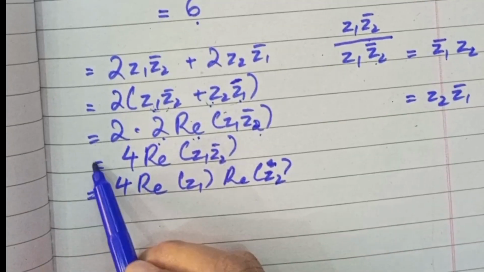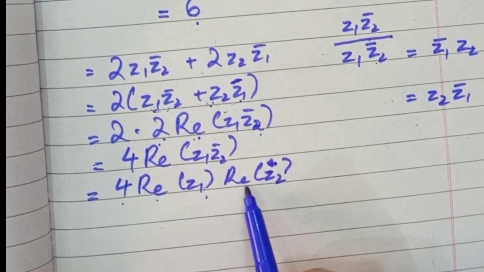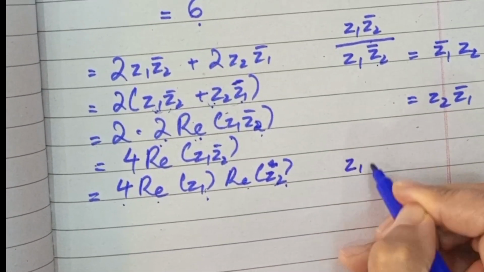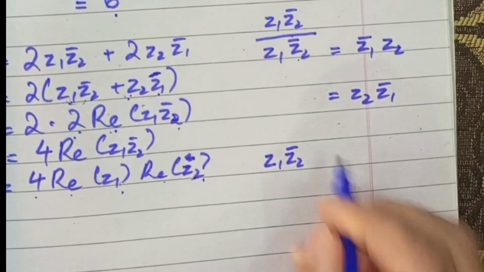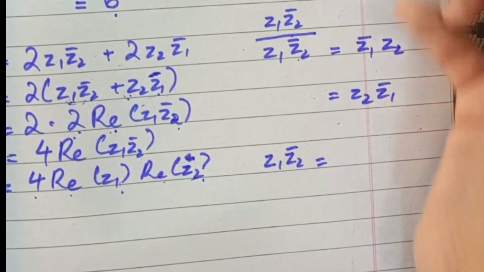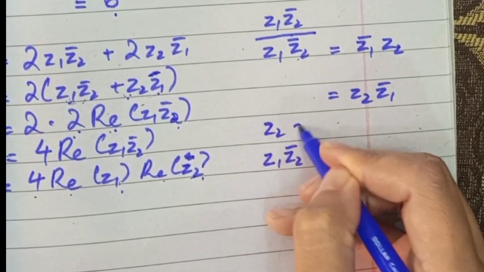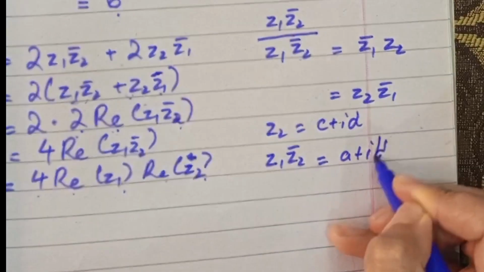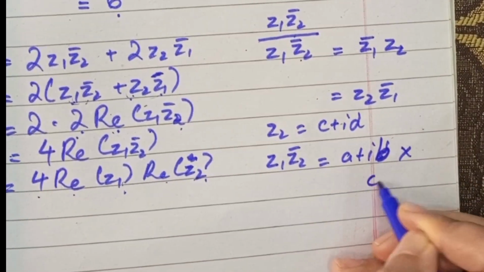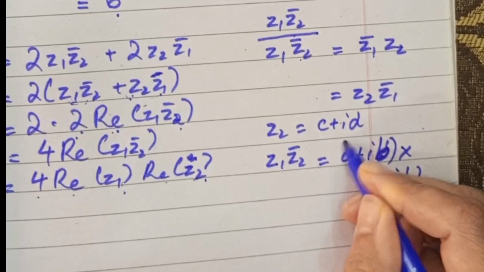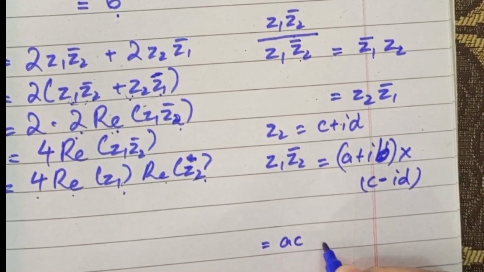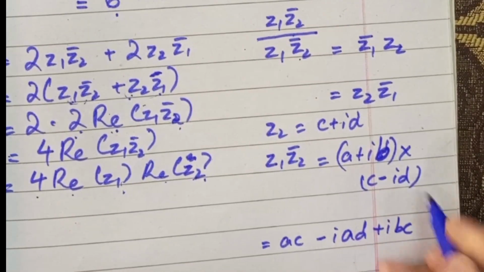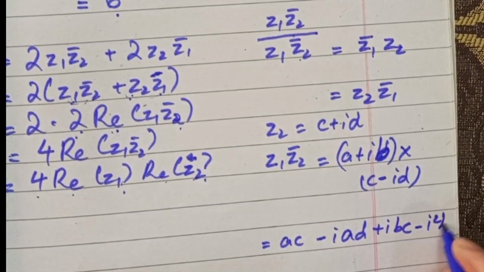Now the answer which we want is 4 into the real part of z1 into the real part of z2. How will we get that? Multiply z1 and z2 bar. z1 is a plus iota b, z2 is c plus iota d. (a + iota b) multiplied by (c − iota d) gives ac − iota ad + iota bc − iota² bd.